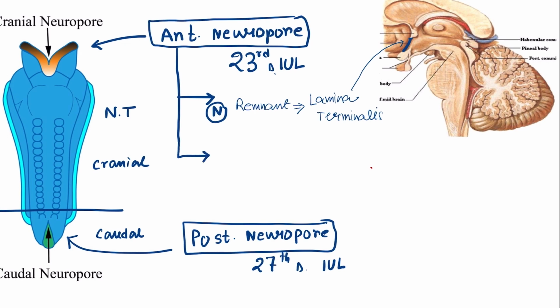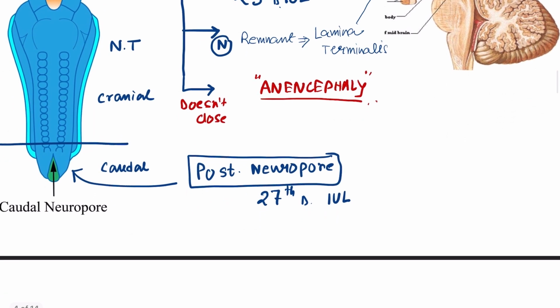If it doesn't close, then the anomaly is anencephaly, which is not compatible with life. Suppose this posterior neuropore doesn't close, it leads to spina bifida.